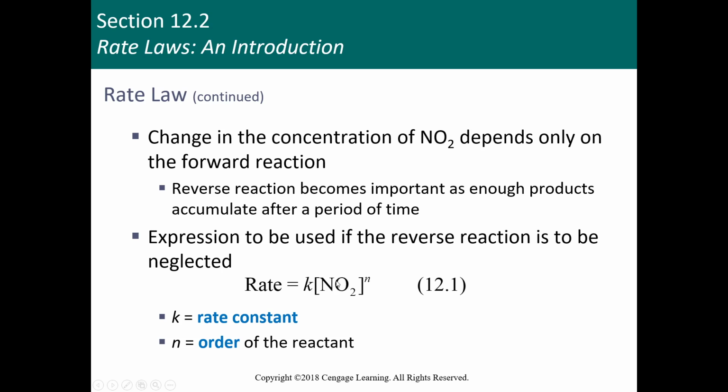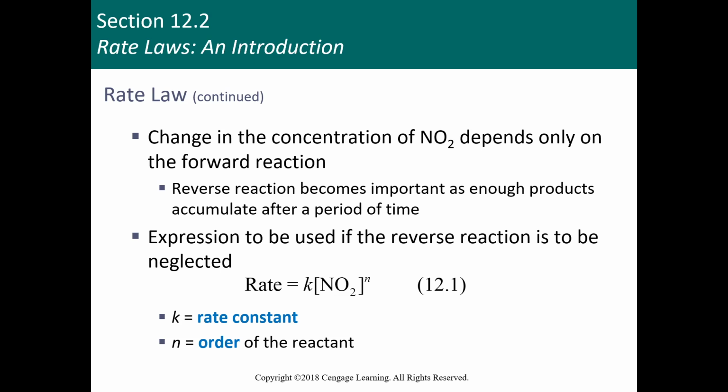You never state them as products because, again, this is if the reverse reaction is to be neglected. So by definition, we're only concerned with reactants. And then this is going to be to the power of n. N will be some sort of integer, okay? It could be 0, 1, 2, 3. Those are the only really possible n's.